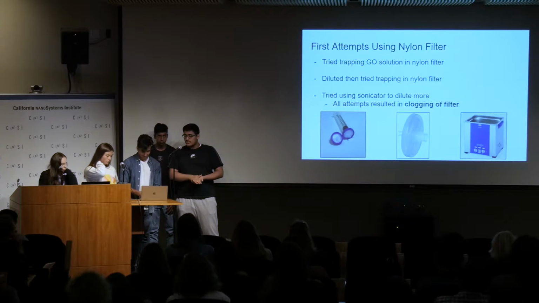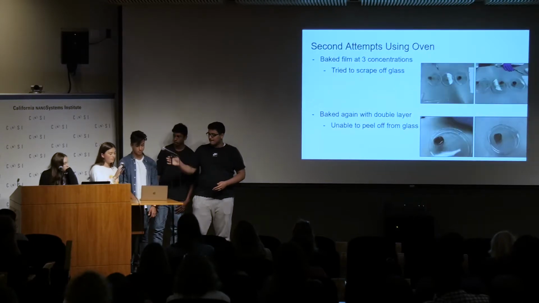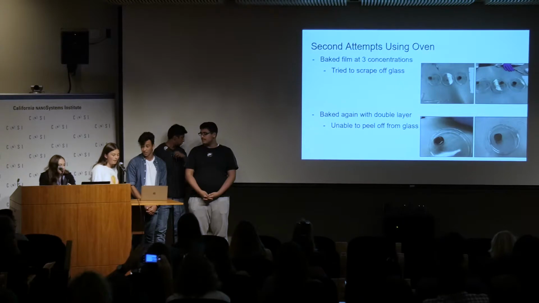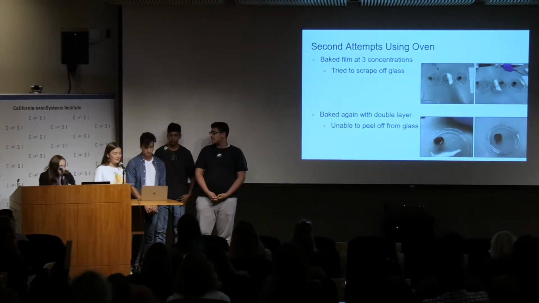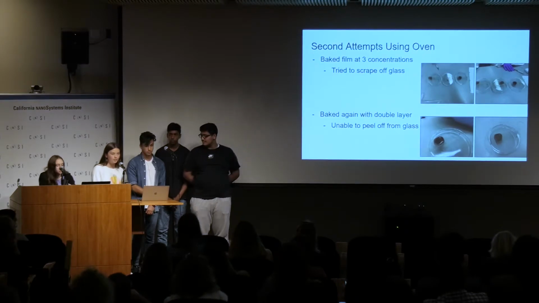And then we also tried to use a sonicator to dilute it even more, but again, it got clogged. So the next day, we decided to switch up our experimental design by instead just baking another layer on top to see if it would scrape off in a more efficient manner or just at all. But unfortunately, it did not.